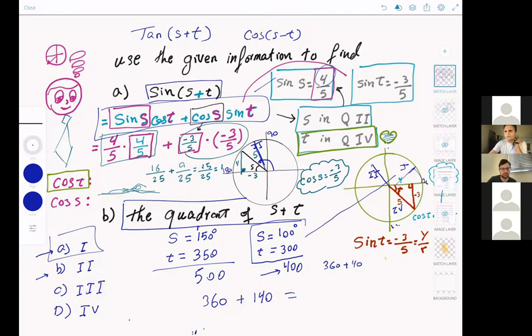Looks like we need more information. This ends up being in quadrant 2, right? 150 was here.